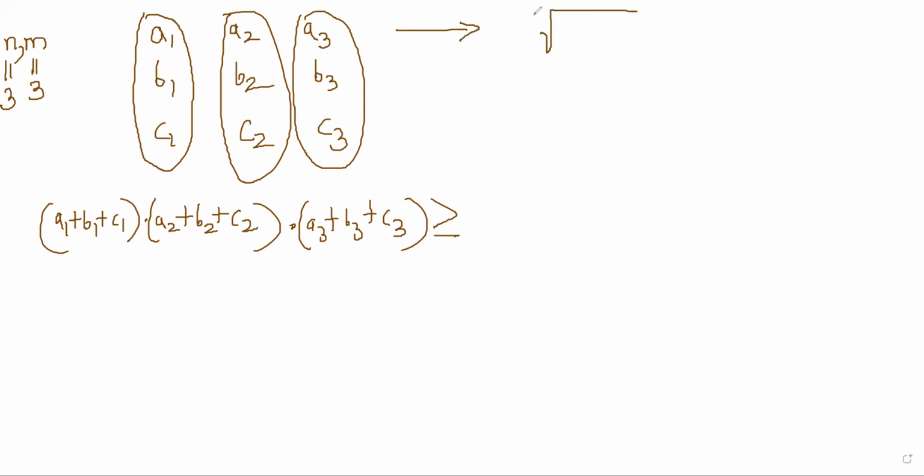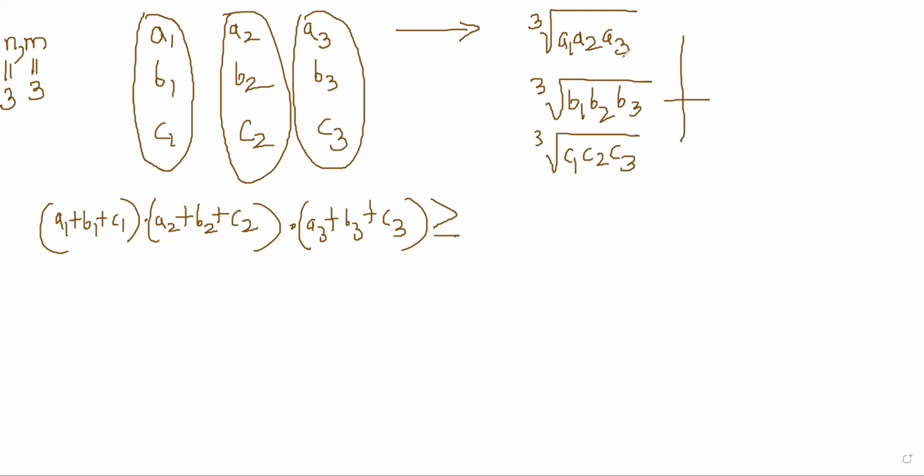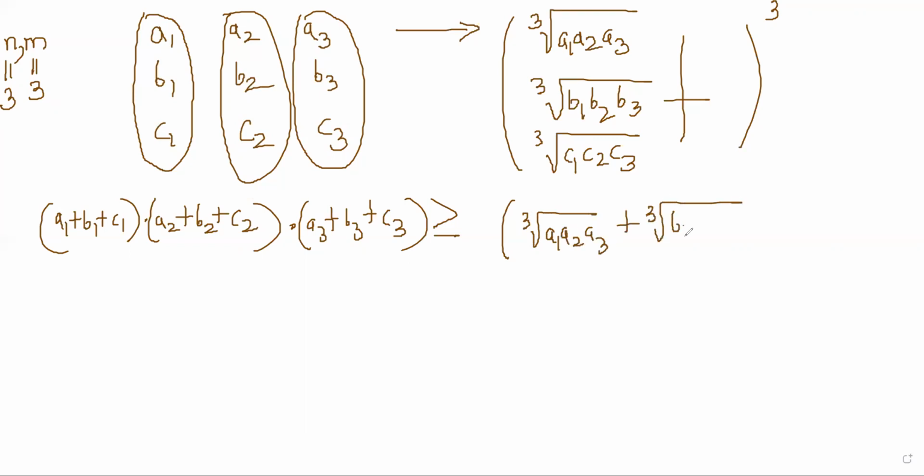We take the cube root, because m is equal to 3: cube root of A1A2A3, cube root of B1B2B3, cube root of C1C2C3. We add all of them and take power 3, because m is 3. So we write the cube root of A1A2A3 plus cube root of B1B2B3 plus cube root of C1C2C3, and the whole thing to the power 3. This is Holder's inequality applied to 9 numbers.